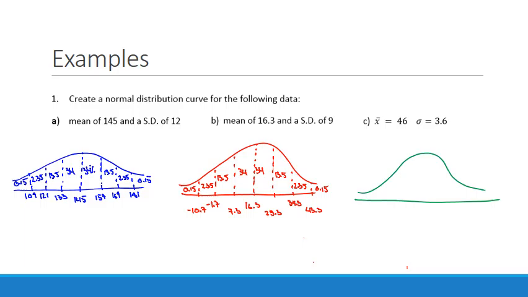Okay, final one. That's a bit better bell curve. Practice makes perfect, everybody. Okay, my average is 46, and now I just have to start adding. Now it's not a whole number this time, but I'm going to be adding 3.6. So 49.6, 53.2, 56.8.